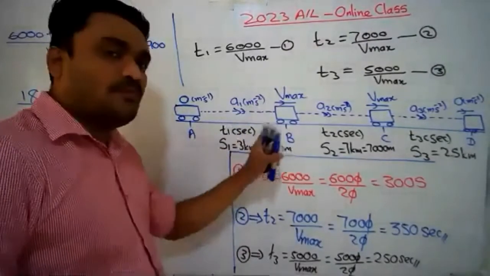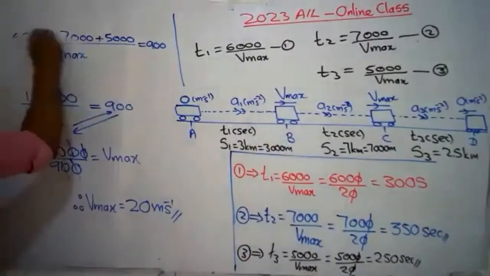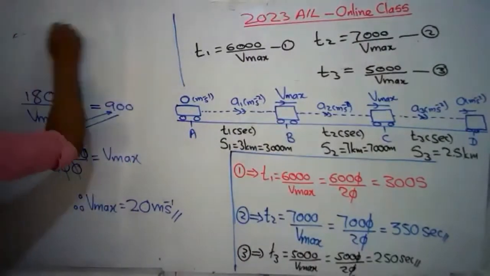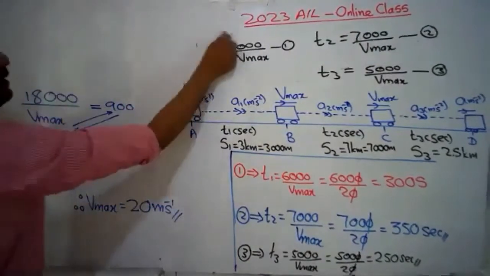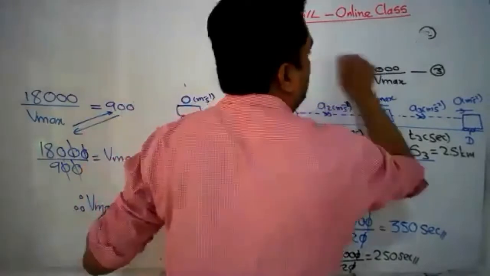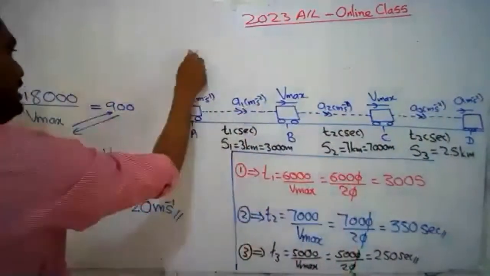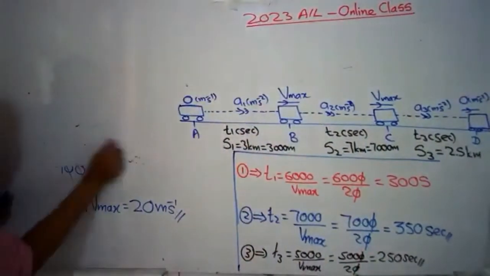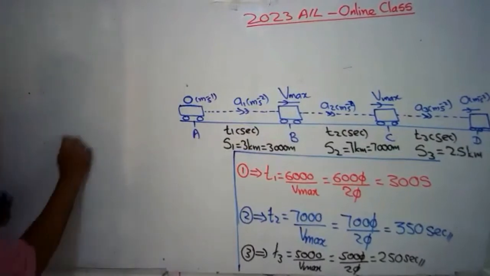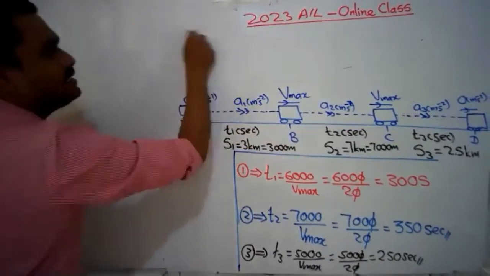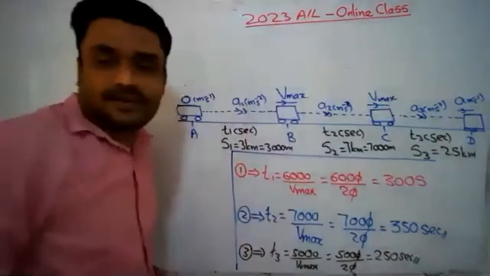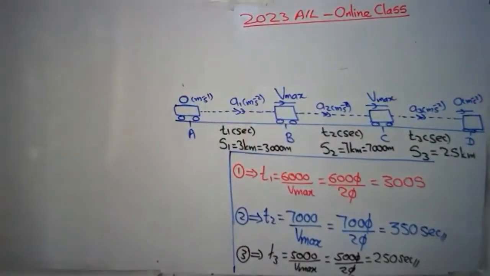Object accelerates from A to B. So very simple. Look at board. Right? We have obtained T1, T2, T3. Now we are going to find the acceleration.